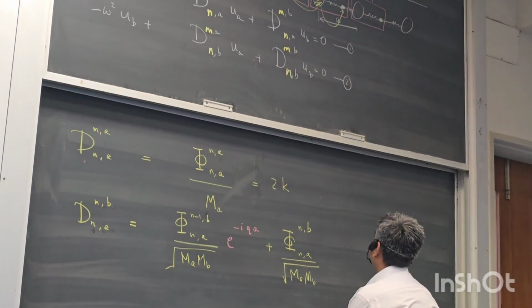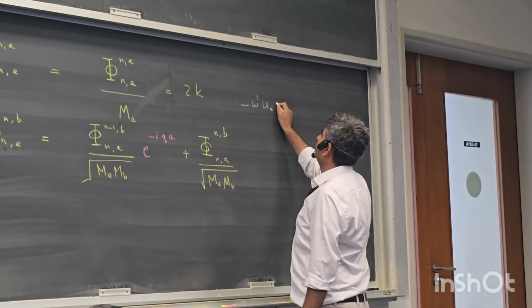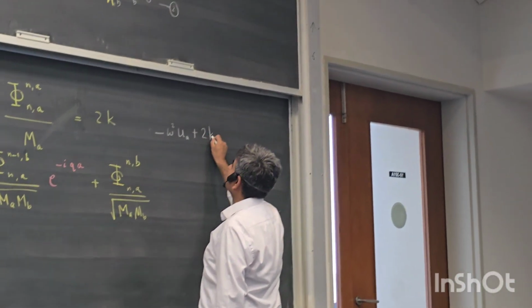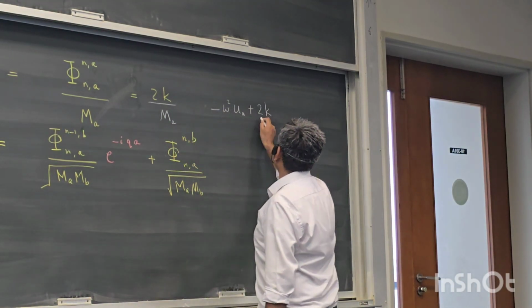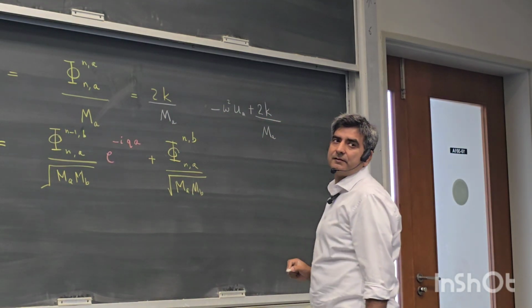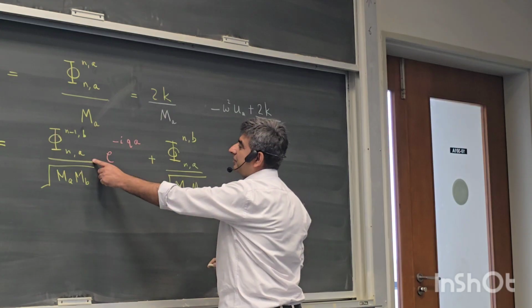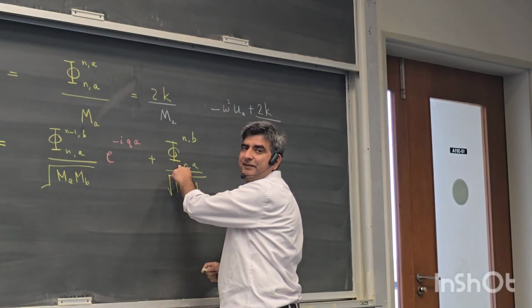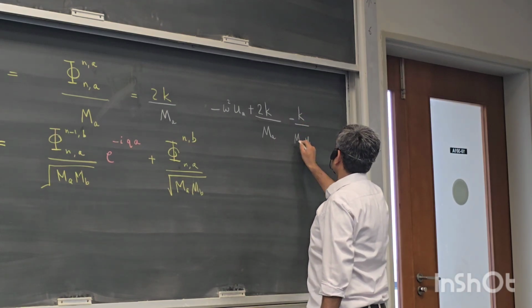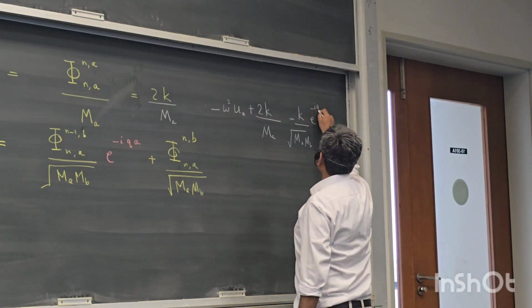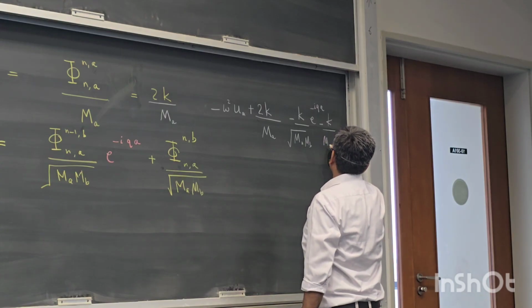So if I write it down, equation number 1 becomes minus omega square UA plus 2K over MA plus, now this is minus K, this is also minus K over root MA MB, E to the minus IQA, this is again minus K over root MA MB, right?